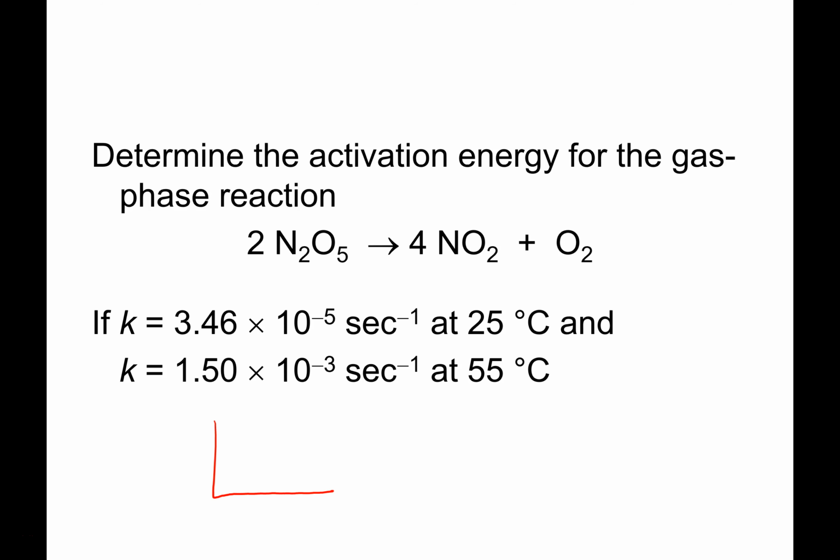Y is equal to mx plus b. 1 over temperature. Yep. So it's laid out y is equal to mx plus b. Negative slope. Daniel, what would the slope be equal to then?